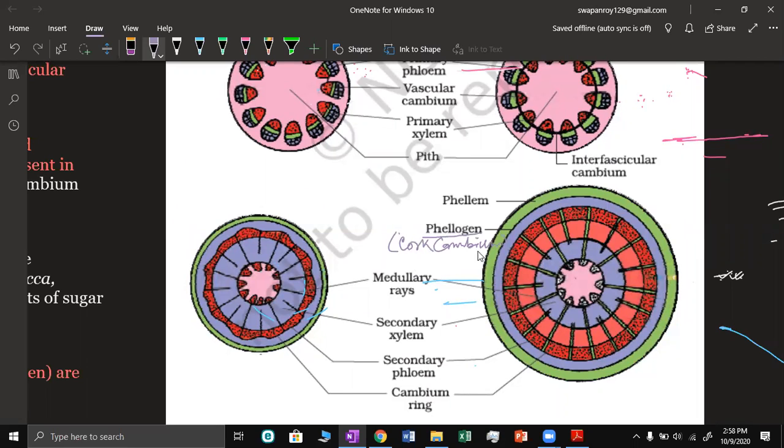This cork cambium develops from permanent tissue, simple permanent tissue, and so this meristem is totally secondary in origin.